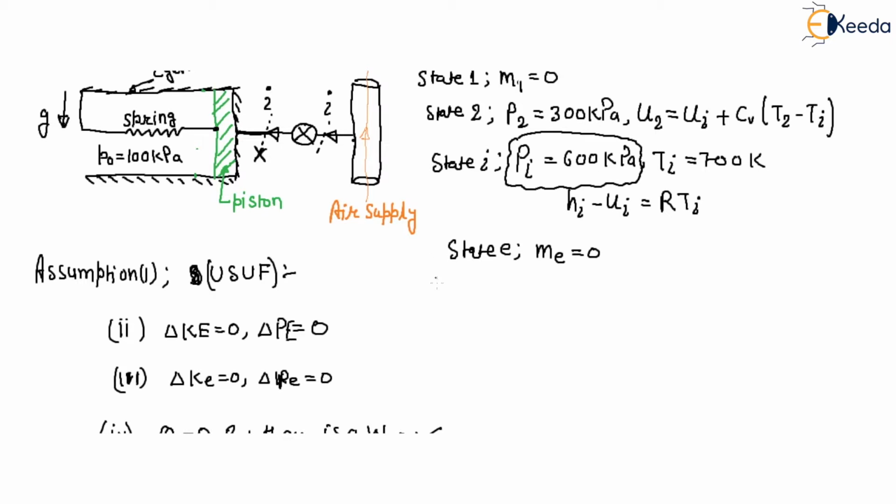So what is the note here? Note point: i is taken before the valve, because Pi is 600 kilopascal is given.